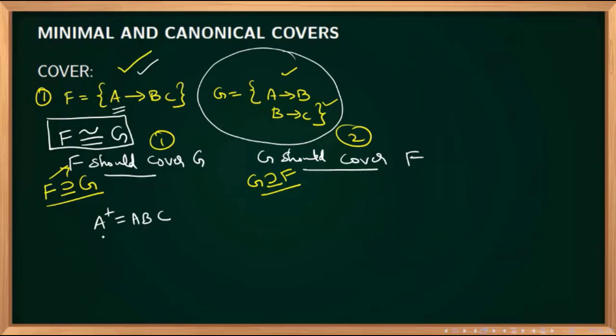The meaning is A determine A, A determine B, A determine C, all those things. So A to B is satisfying. Can I get B to C from F? No. Because of that reason, this is not correct.